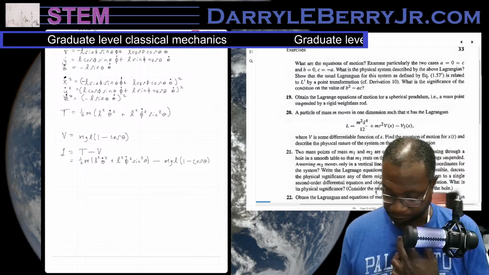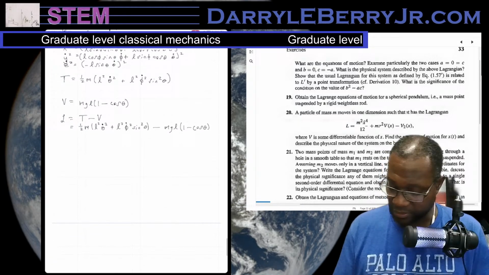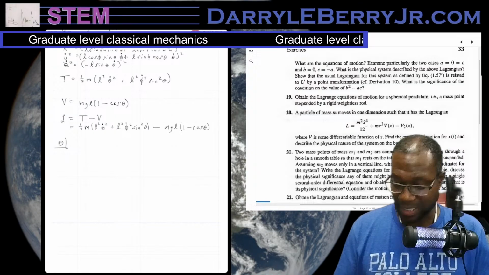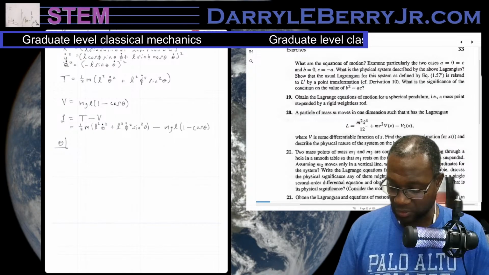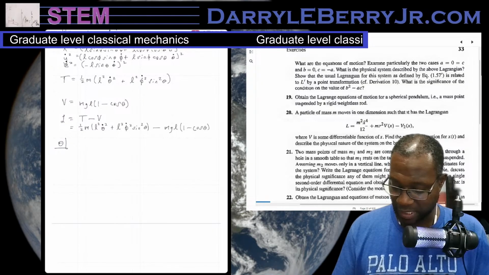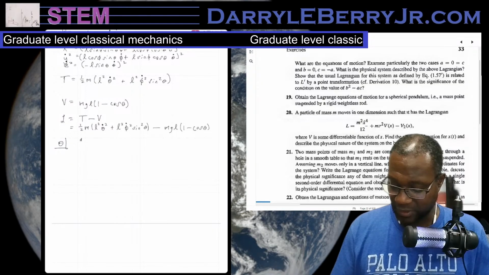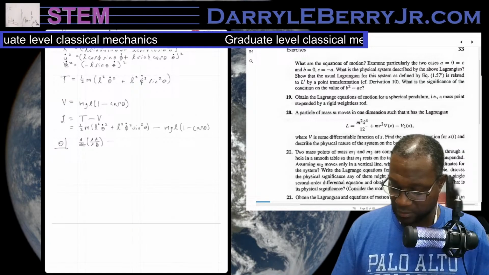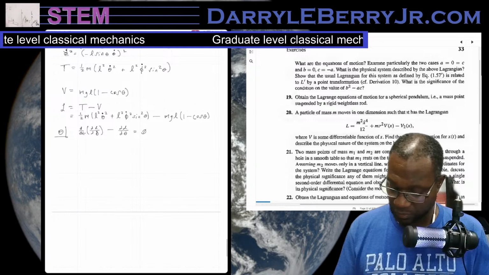That's our Lagrangian. Now that we have our Lagrangian, we can get the equations of motion by applying the Euler-Lagrange equation to each generalized coordinate. So we have d/dt of partial L over partial theta dot minus partial L over partial theta equals 0.